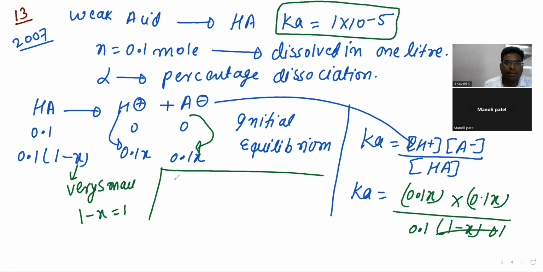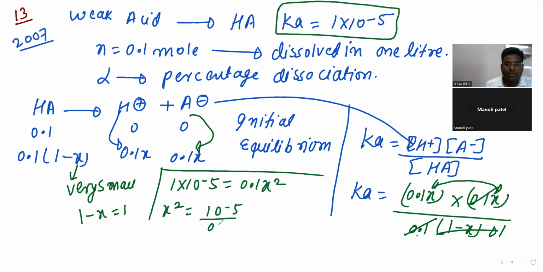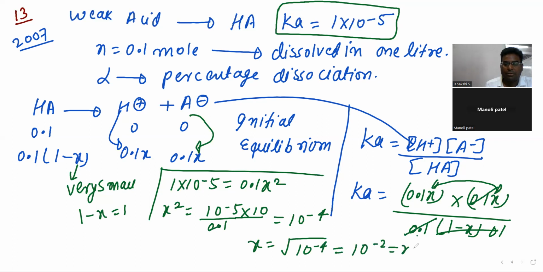Put K, 1 into 10 raised to minus 5, is equal to 0.1, and this 0.1 is cancelled with this one, so 0.1 into x square, this x into x multiplied, right? So x square will be 10 raised to minus 5 divided by 0.1. So we'll get 10 raised to minus 4. So x will be the square root of 10 raised to minus 4, so it will be 10 raised to minus 2, right?